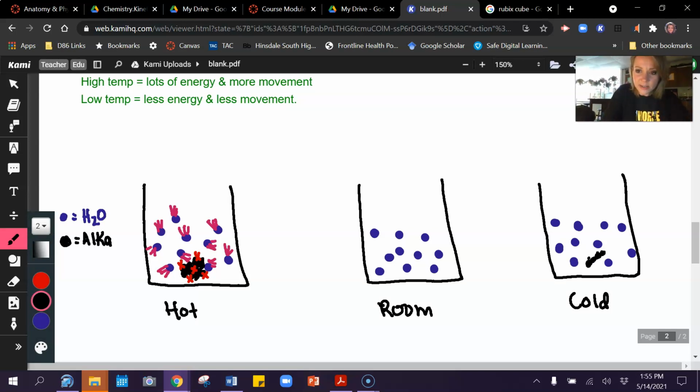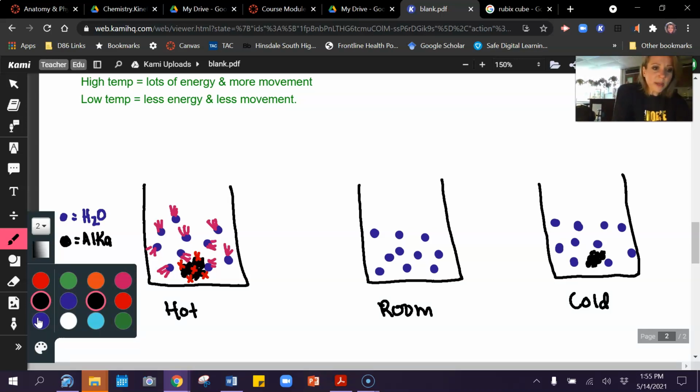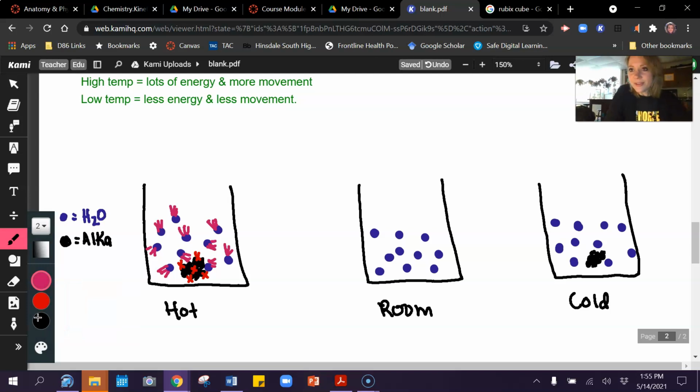Now, if we take a look at the cold water, it's going to be a little bit different. Here's my Alka-Seltzer tablet that I'm drawing in the cold water. But with my cold water, they're not moving very much. We took some ice and we put it into the water, and now my molecules are not moving around very much at all. They only get 1 little zoomy tail instead of 3. So they're just kind of going along at their own pace.